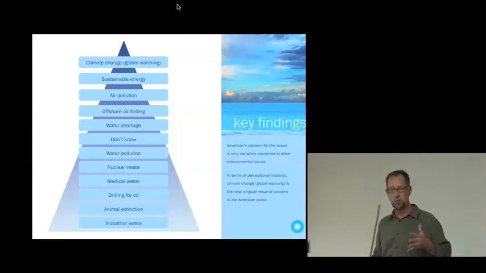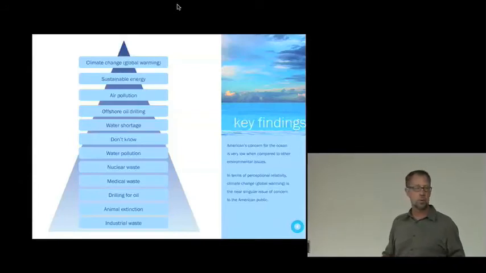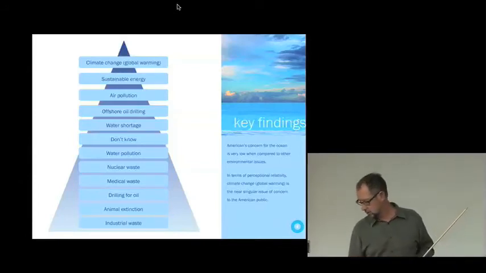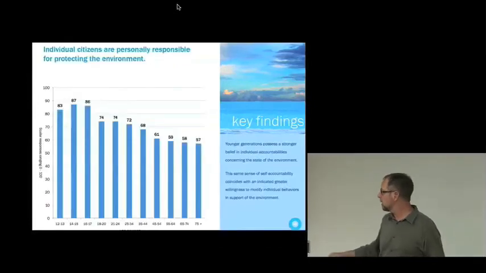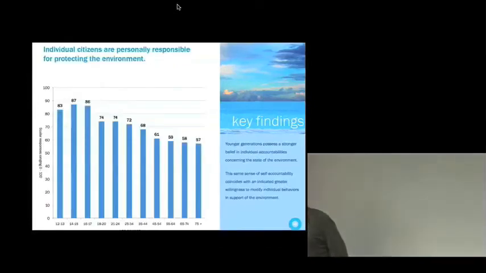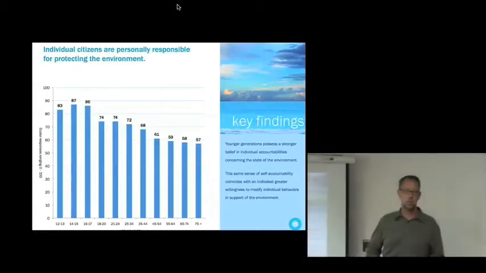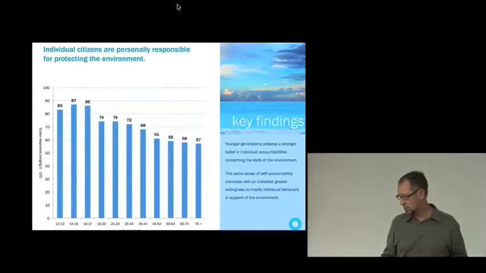And they found that the ocean in general is a very, very low concern, but global warming is the #1 concern in terms of environmental topics among the people that they surveyed. And it's particularly high among young people, 12 to 13, that's 83%, 14 to 15, 87%. By the time they're in their 20s, it drops down a little bit, but even 55 to 64, it's 60% feel that climate change is a big deal.